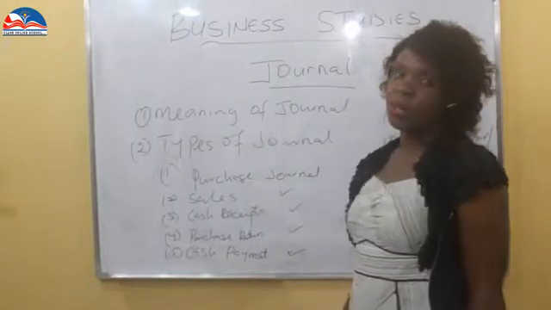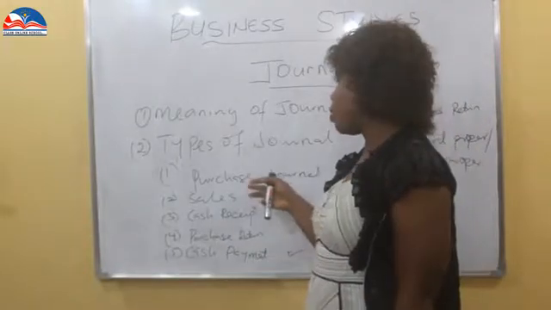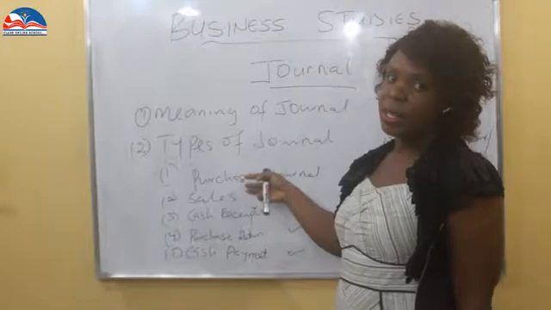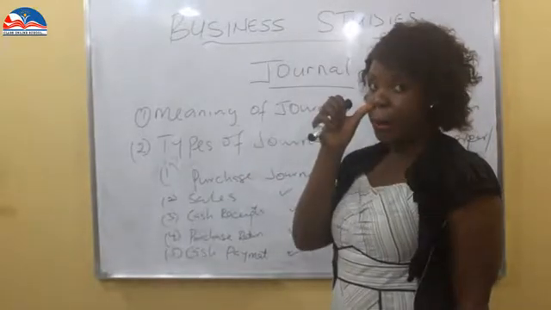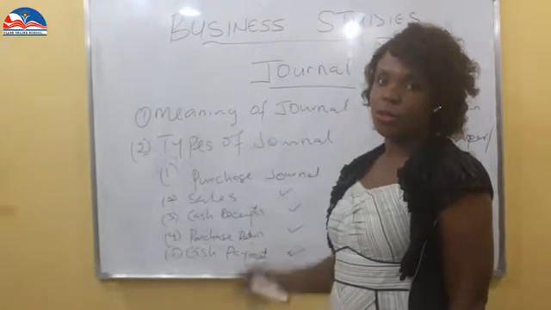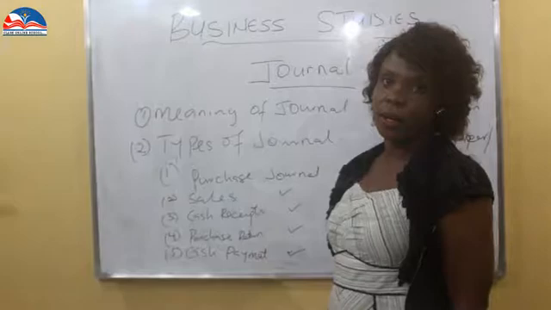What is a purchase journal? A purchase journal is a kind of journal in which purchase transactions are recorded. All purchases that are made by the organization are recorded in the purchase journal.